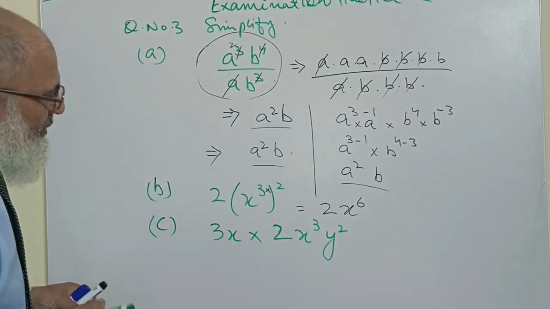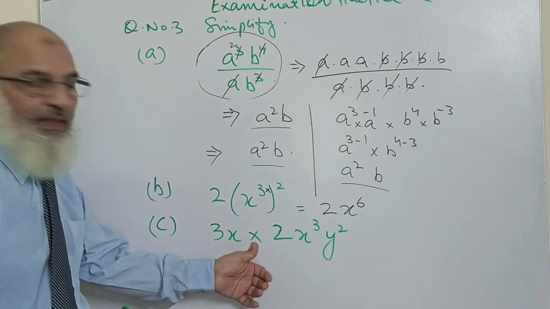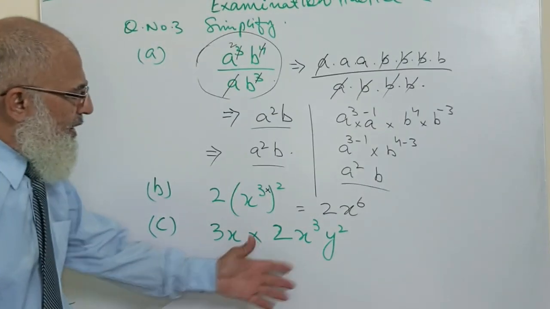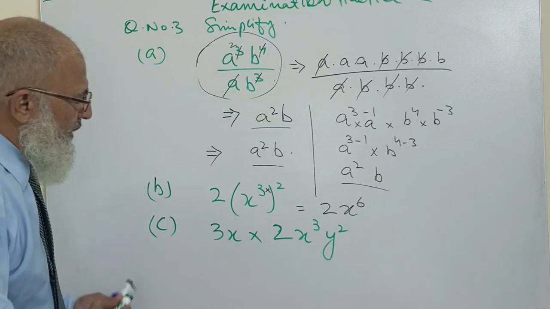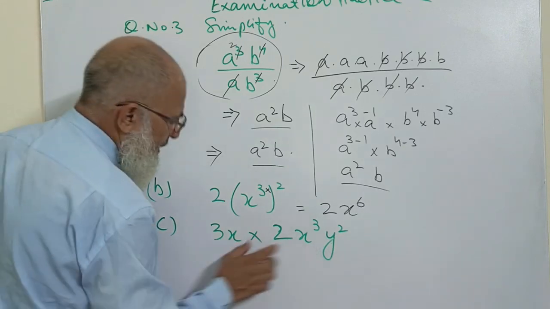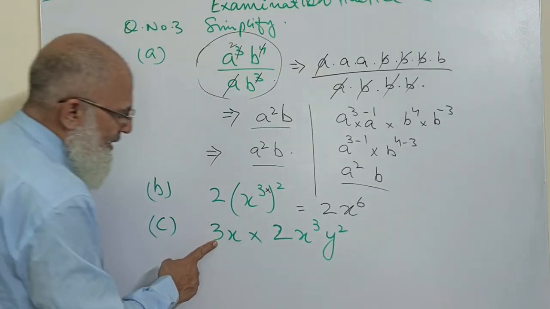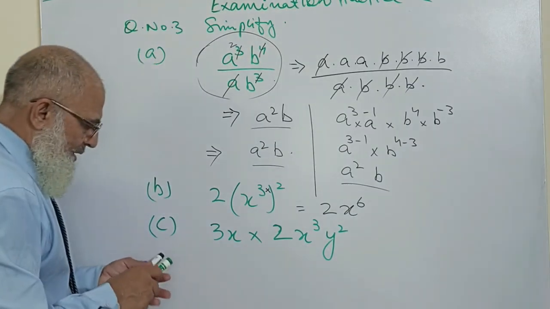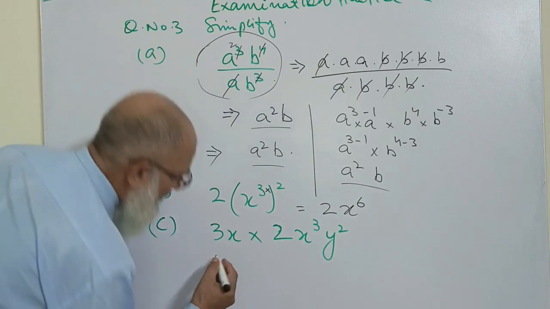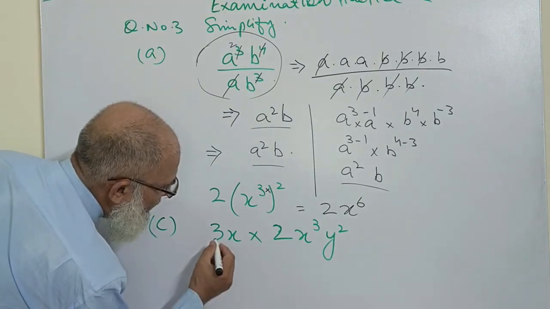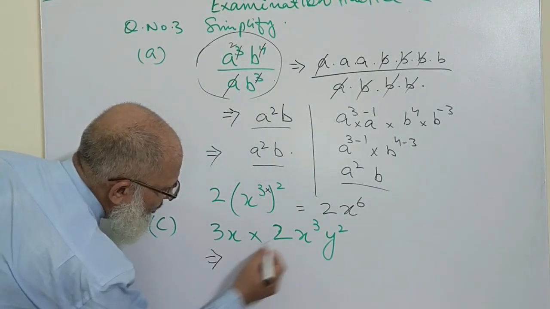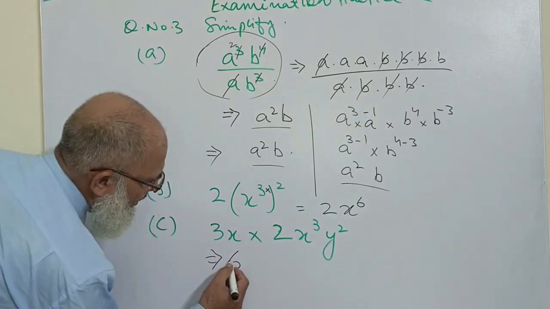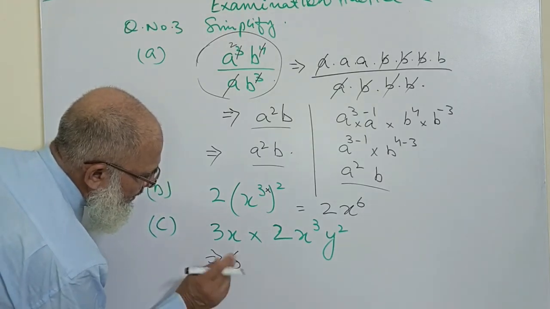Now, my dear students, since there is a multiplication sign in between the two terms, we can multiply this coefficient with this coefficient, and this x with this x. Now, what is the answer? 3 multiplied by 2, 3 times 2 is 6.